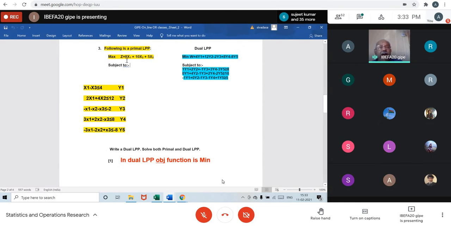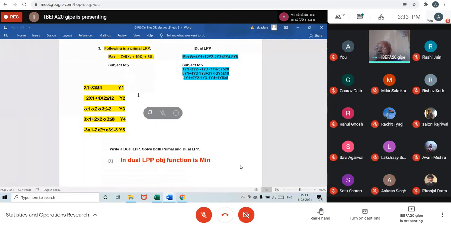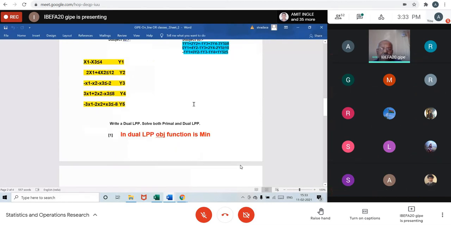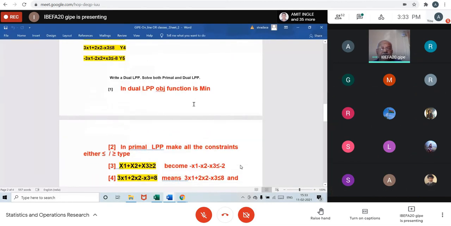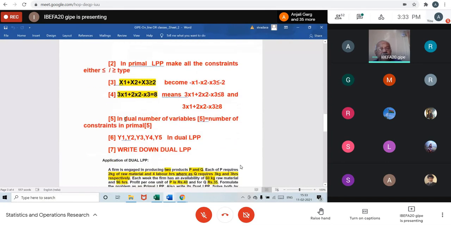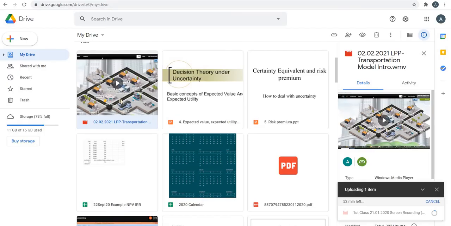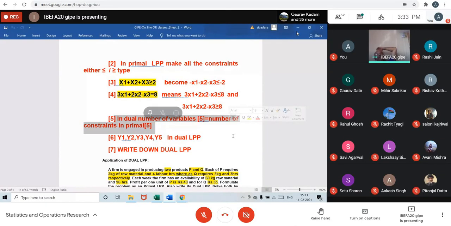So in primal I have 3 variables, but in dual, the number of variables is equal to the number of constraints in the primal. That is the first step.